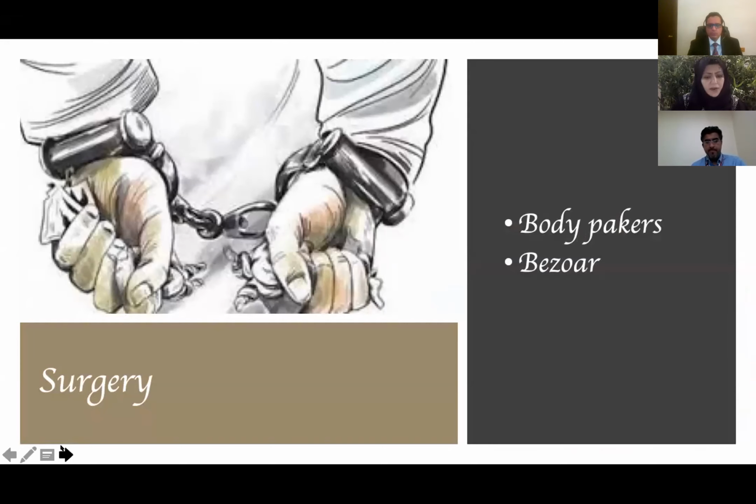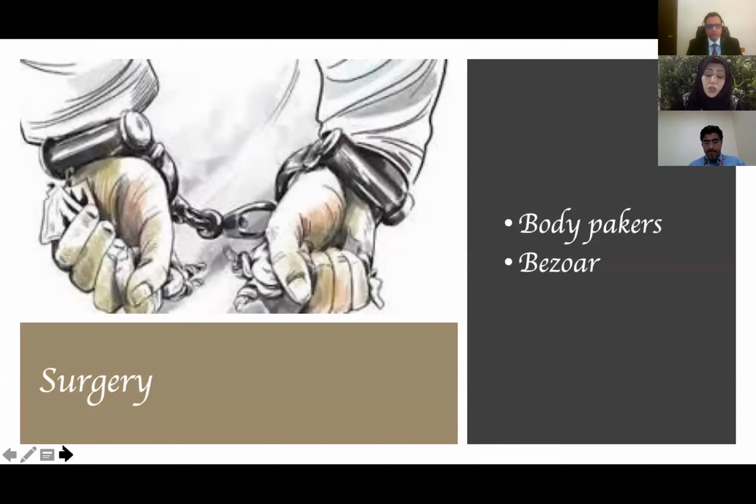Sometimes, very rarely, you're going to need a surgeon for some toxicology cases. And remember that X-ray in the iron slide, there was a chunk of iron in the stomach, and sometimes the surgeon would take it away. The other case is the body packer. These are people who are usually clean. They are not using the medication.